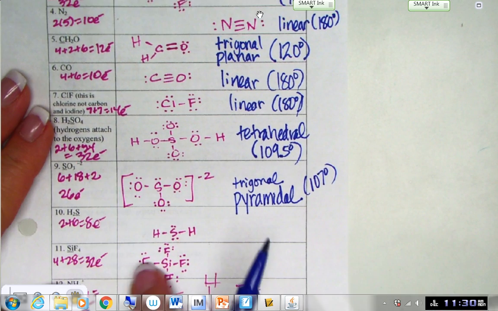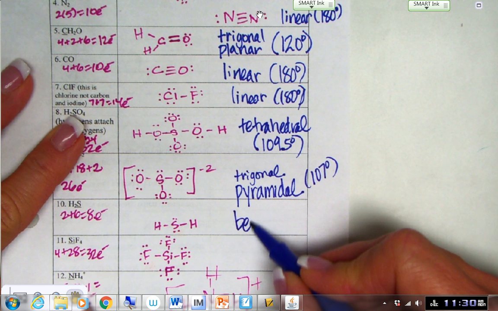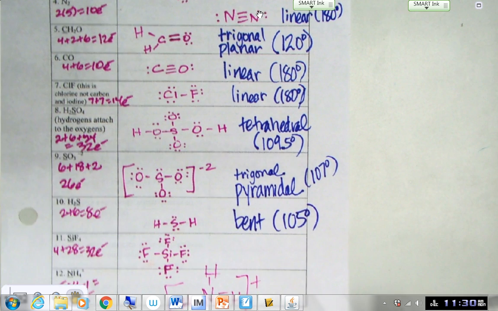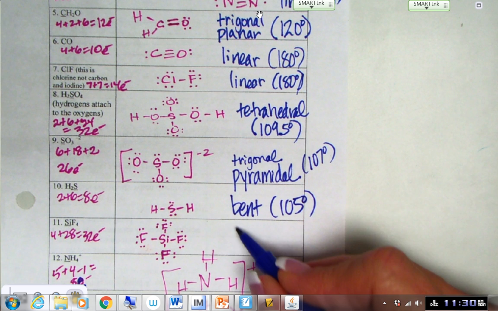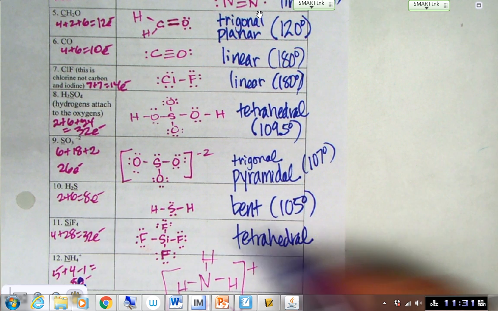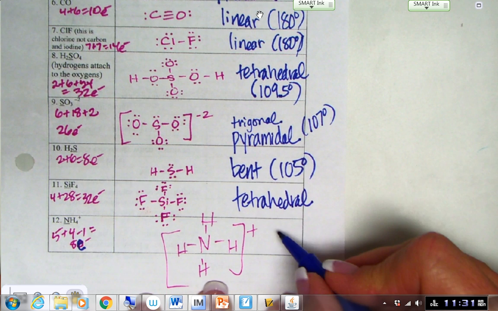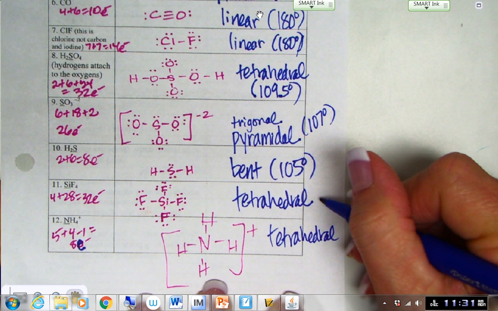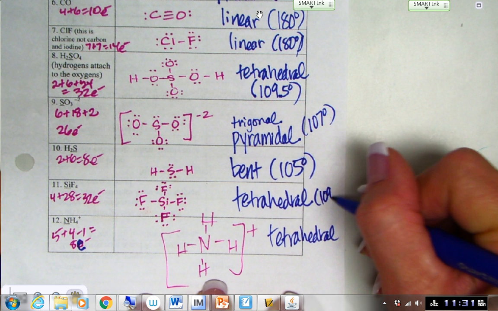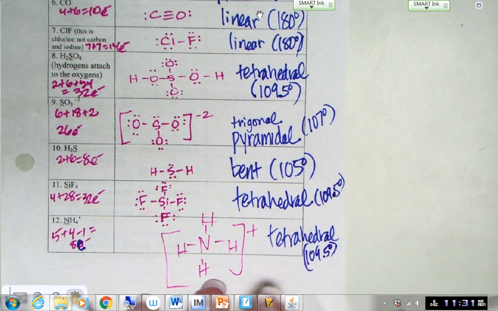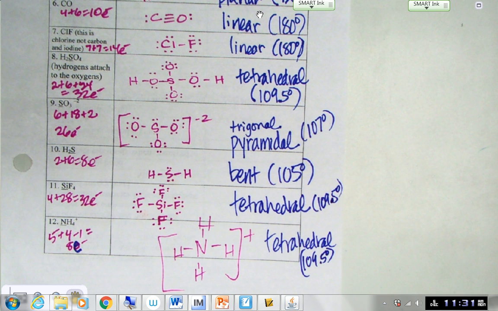For number 10, you should have said bent or angular, 105 degrees. For number 11, we have another tetrahedral structure. And for number 12, same thing, tetrahedral. And again, the bond angle for tetrahedral is 109.5 degrees. Okay, so that is our lesson and our review of the VSEPR theory.